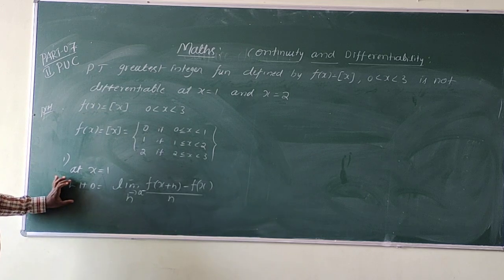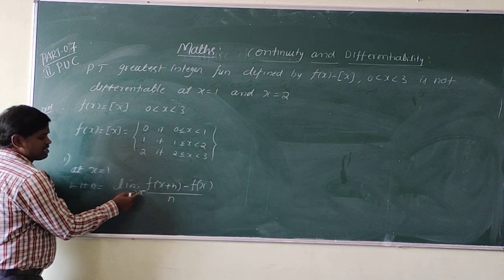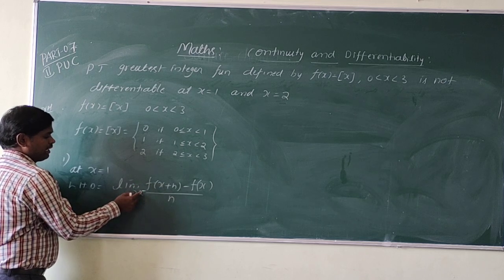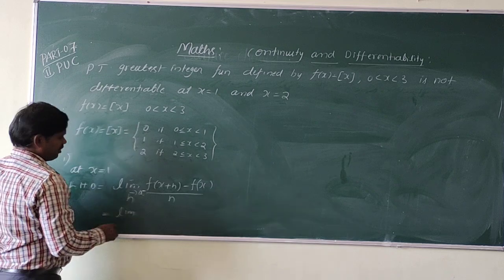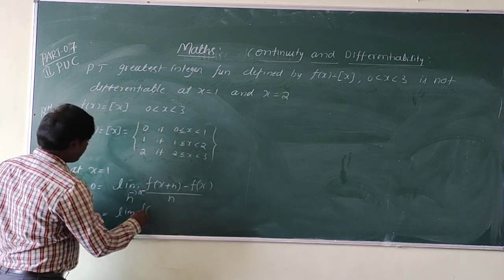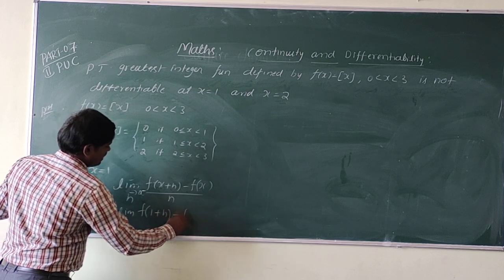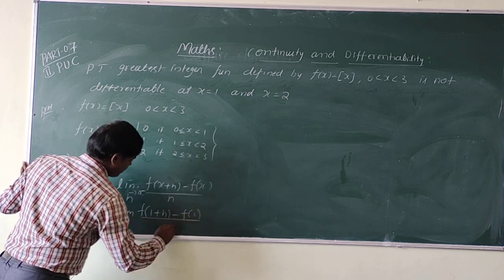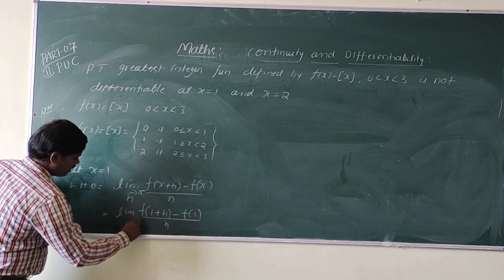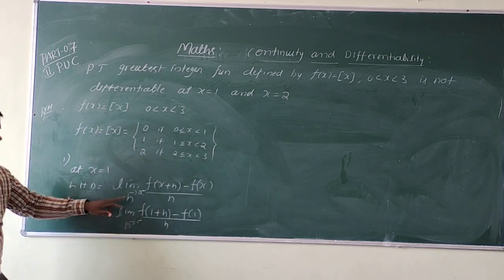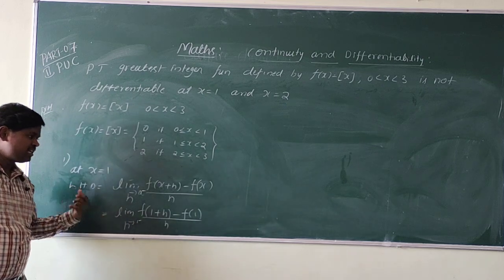Here we are taking x = 1, so this equals the limit of (f(1 + h) - f(1))/h as h tends to 0 from the left, so the value of h is less than 0.